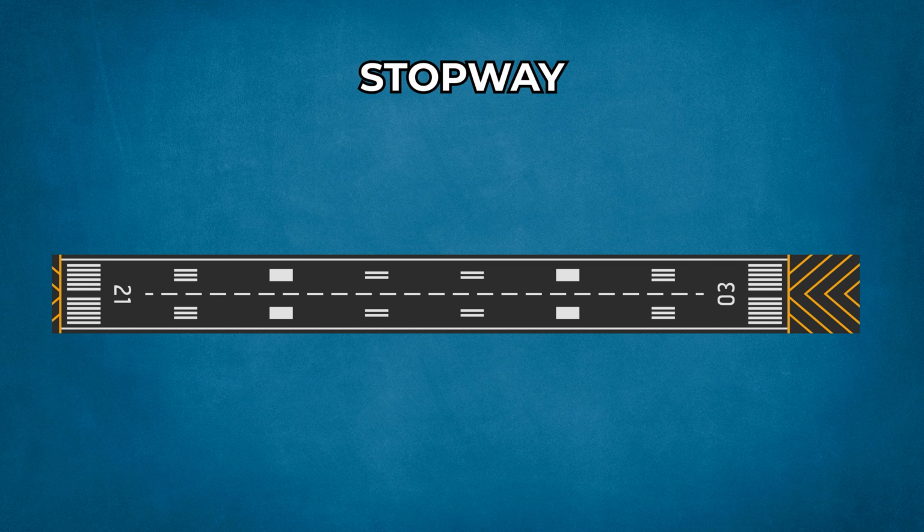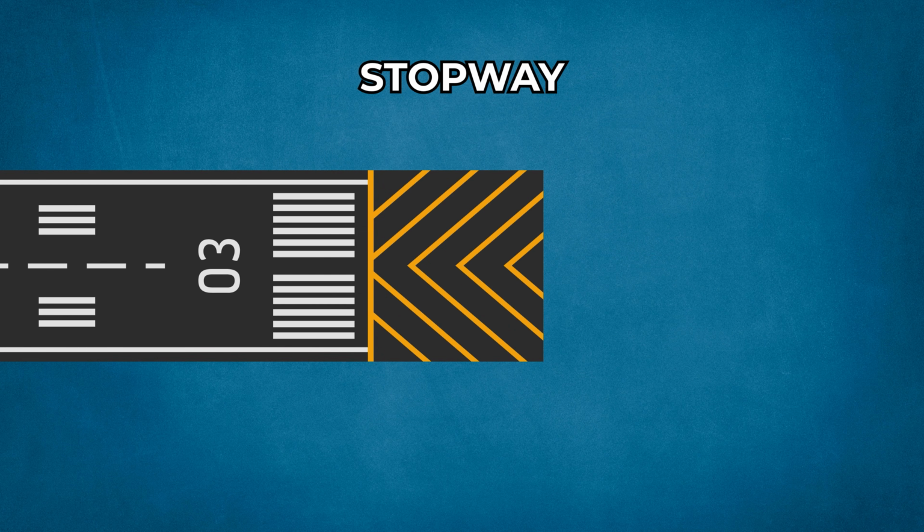Because they have limited use and are expensive to build, stopways are less cost-effective in comparison to a full-strength runway that is functioning in both directions. The presence of prominent yellow chevrons on the runway extremities indicates the location of stopways.